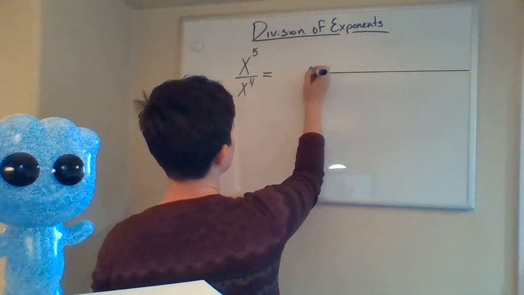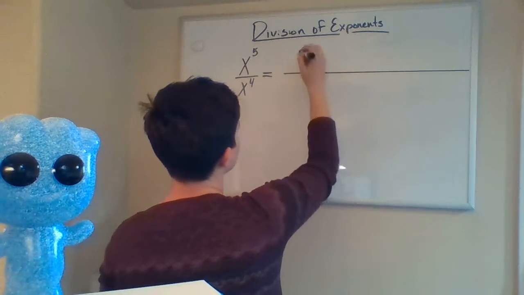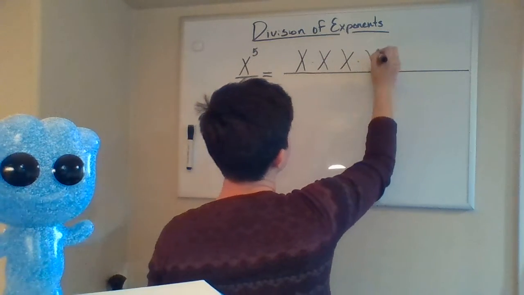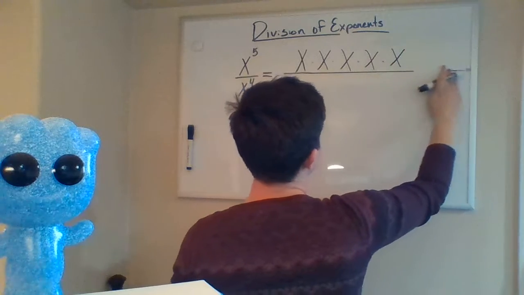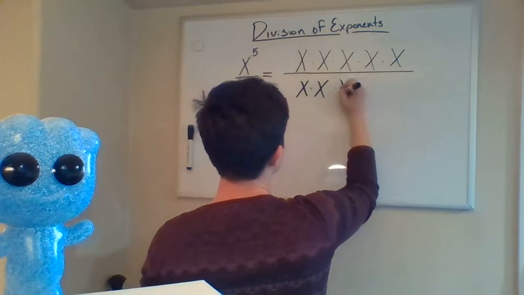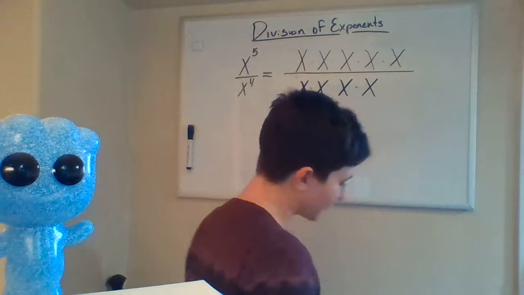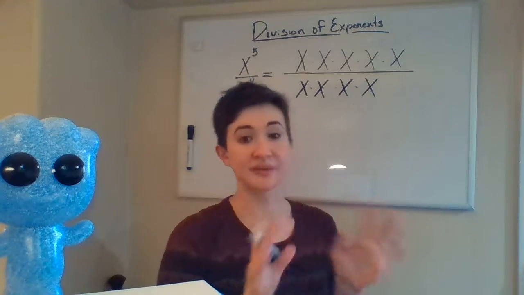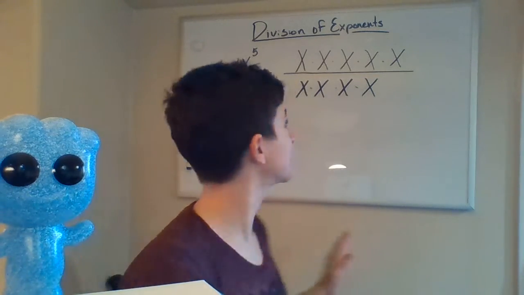So x to the fifth is x times x times x times x times x when we expand it, and x to the fourth is x times x times x times x. That's 4 x's and 5 x's. Expansion is done once you've done this. Nothing else needs to be done.